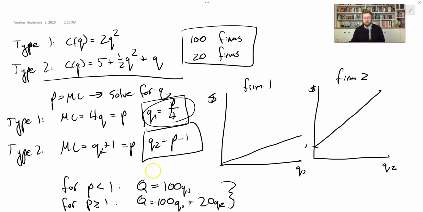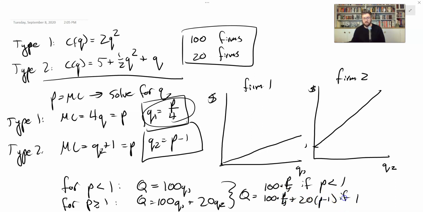The first one is 100 times P over 4. So Q is equal to 100 times P divided by 4 if P is less than 1. Otherwise, it's equal to 100 times P over 4 plus 20 times P minus 1 if P is greater than or equal to 1.